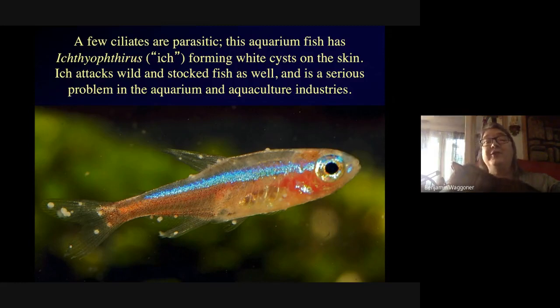It can be especially problematic in aquaculture and in the aquarium industries, because whenever you have fish packed tightly together, well, when you have anybody packed tightly together, whether it's fish in a tank or toddlers in a daycare, disease can spread much more rapidly than it could in the wild. And it will kill the fish. When I was a kid, I kept a freshwater aquarium and I lost some fish to ick.